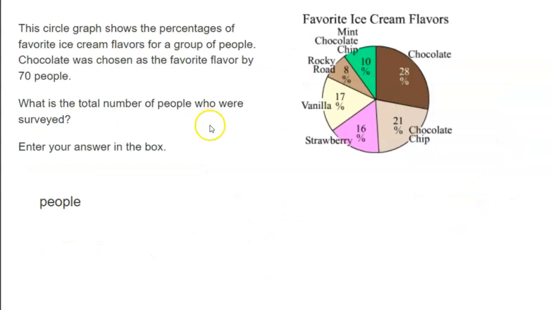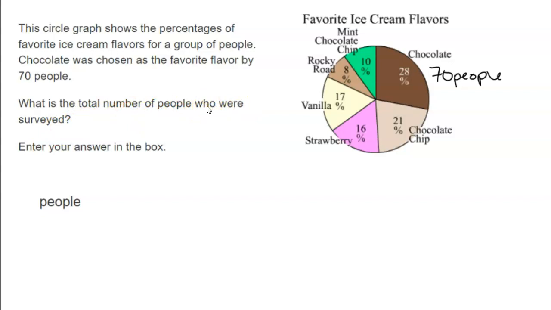Okay, so let's do another one. The circle graph shows the percentages of favorite ice cream flavors for a group of people. Chocolate was chosen as the favorite by 70 people. So even though it says 28%, this is 70 people. What is the total number of people who were surveyed? In this case, there really isn't more than one way to do this.